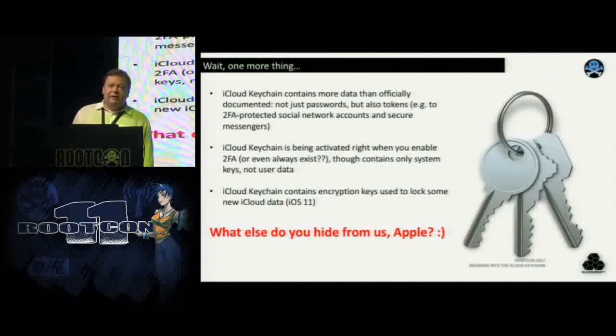And another thing is that the iCloud keychain is activated and enabled at exactly the same time when you enable two-factor authentication, even if you don't enable the iCloud keychain itself by an option. And it also contains some data which shouldn't be there and is not described in any documentation that relates to iOS 11.